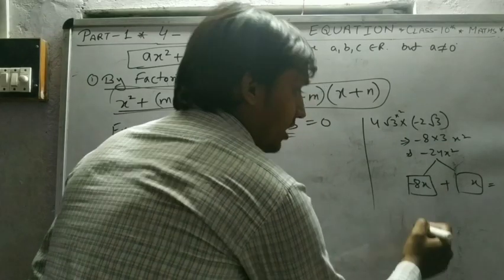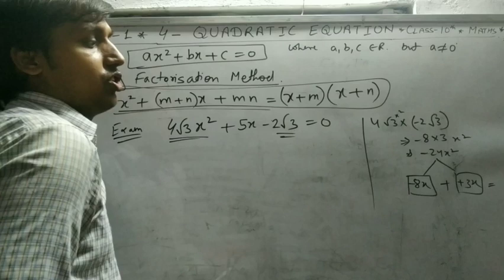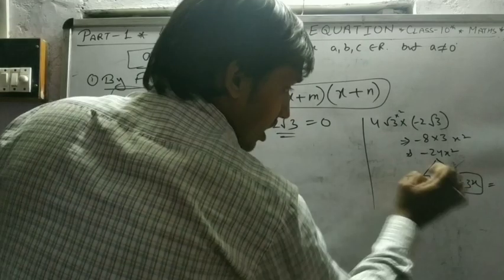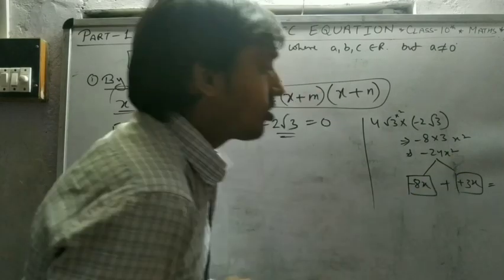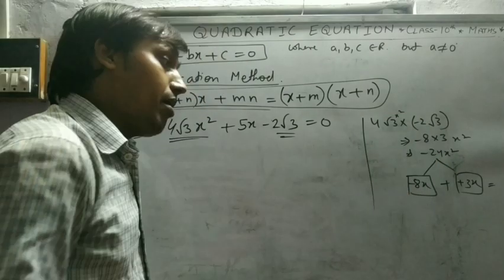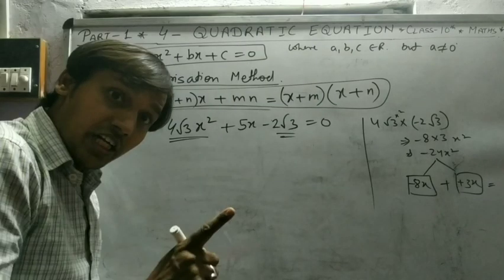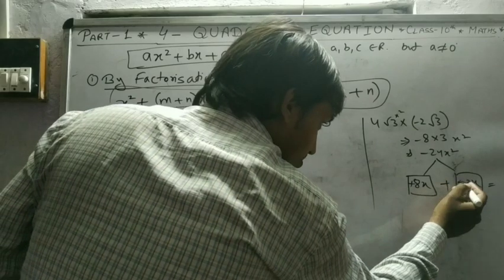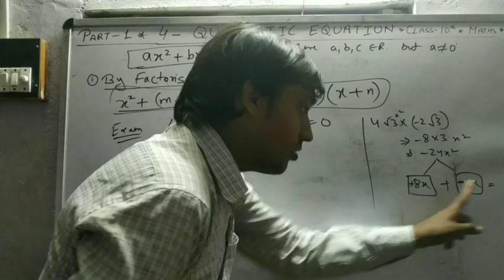Minus 8 plus 3? Check. Is it possible? No. In this case we take minus 8x plus 3x. Multiplying them gives minus 24x square, which is satisfied, but the sum is minus 5x. Minus 8x is greater. So we take the minus sign on the other, because the multiplication does not change, plus into minus is minus, but the sum is plus minus.